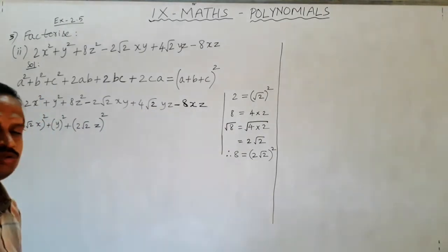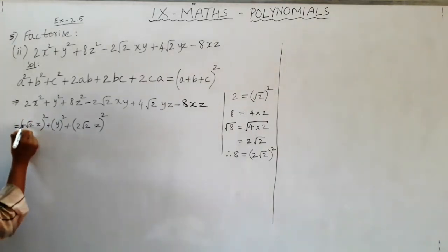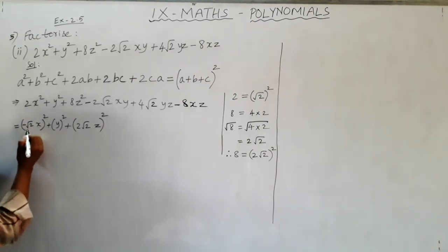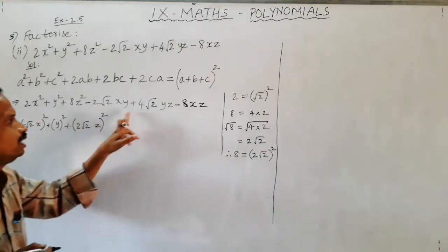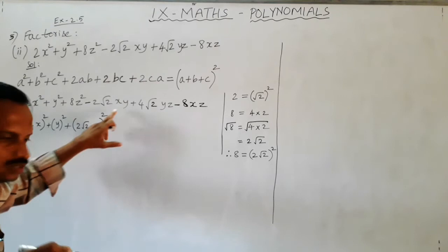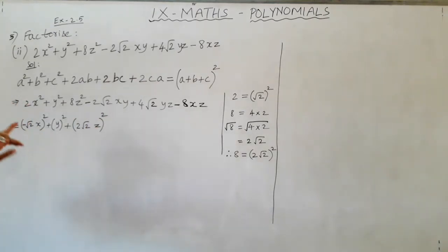So two variables is repeating. Therefore, for x term we have to put minus. You see how I am selected minus to put here, because in xy and xz only minus there. So the repeating variable is x. So we put minus here before the x term. Clear? So minus root 2x.